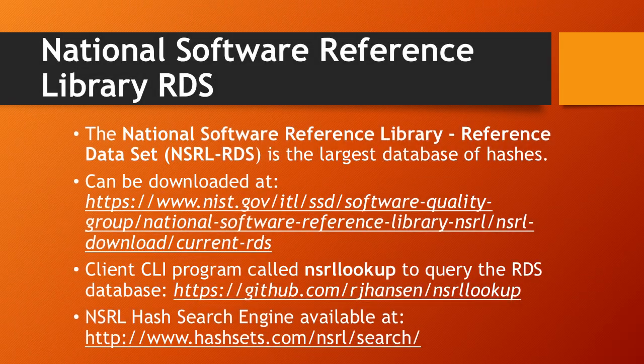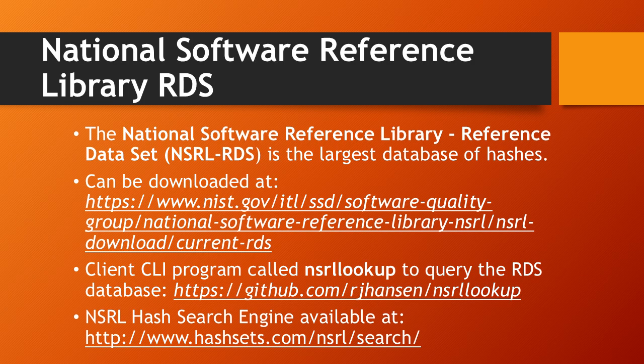An unknown file could also be identified on the basis of the National Software Reference Library reference dataset, which is a large database of hashes of files. The database can be freely downloaded at this page. NIST doesn't provide a tool to query this database. There is a command-line interface client program called NSRL Lookup to query the reference dataset database, and it's available on GitHub at this address.